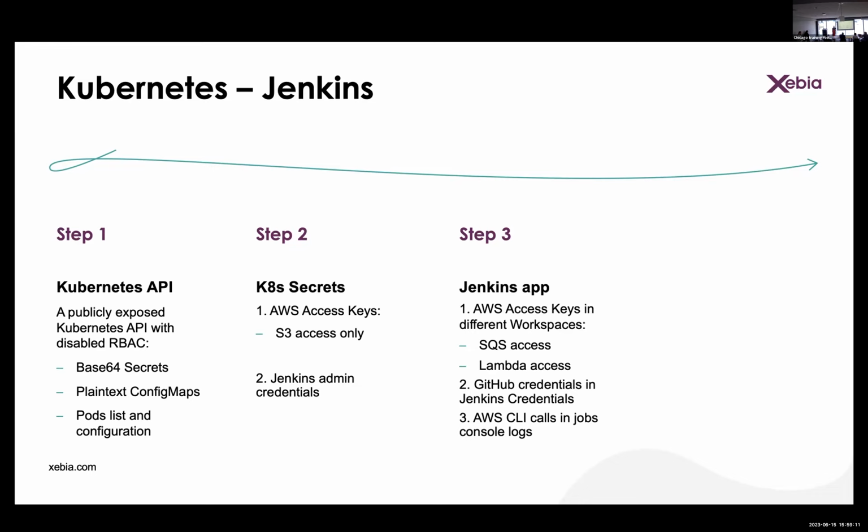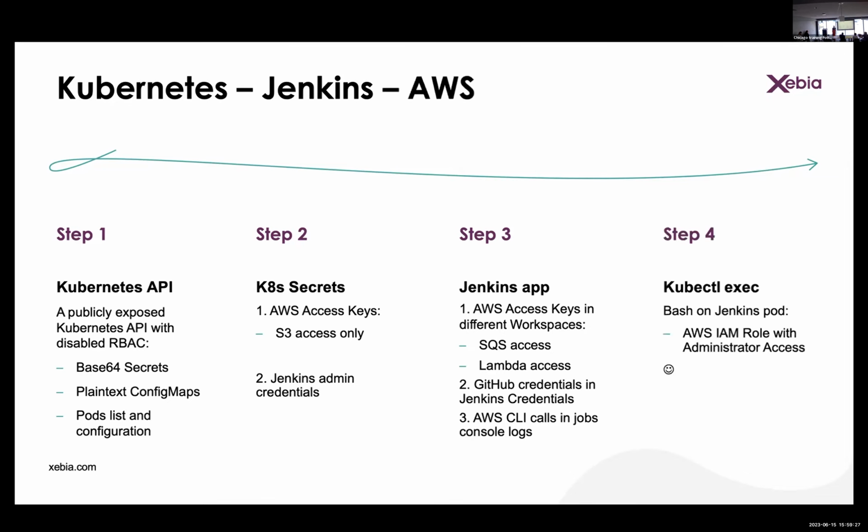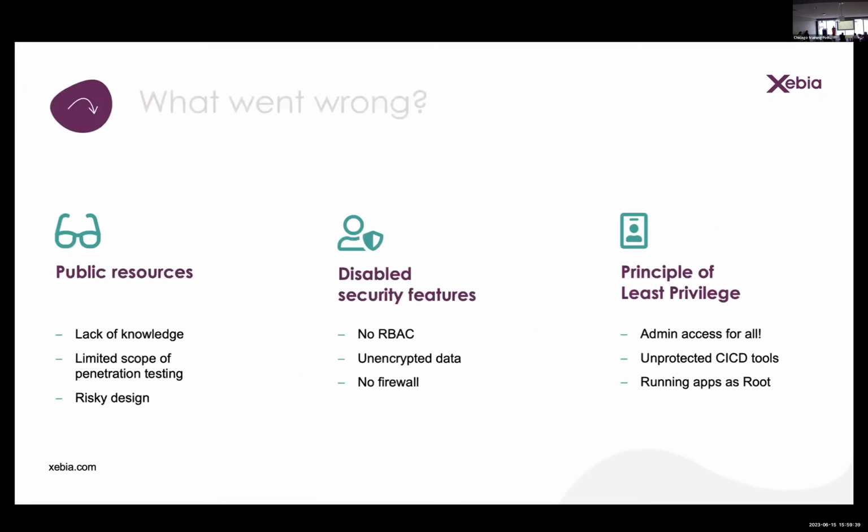But in the build log of one of the jobs, I found calls to AWS CLI. So I decided to just exec into the pod of this Jenkins and try to run AWS CLI commands. And yay, I'm in, because it used a role and it was an admin role. So this gave me access to their AWS account.